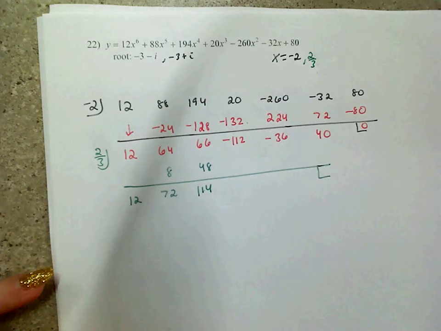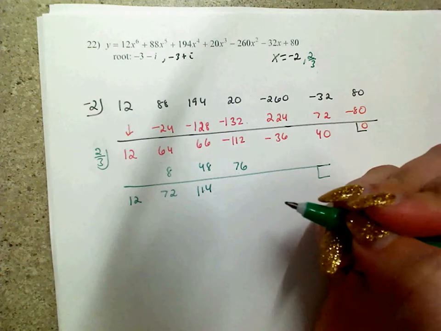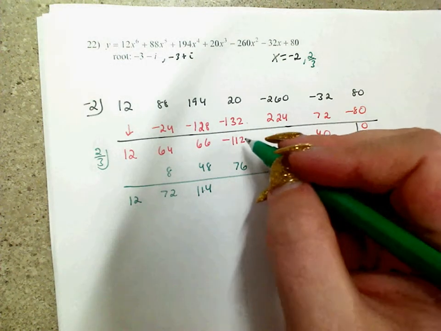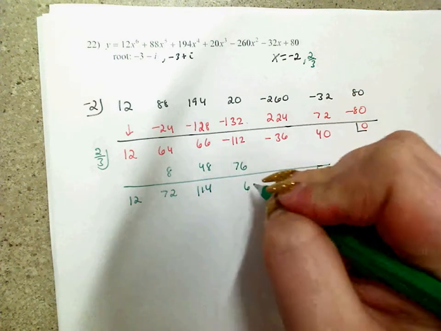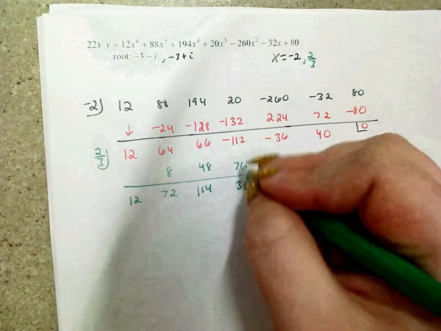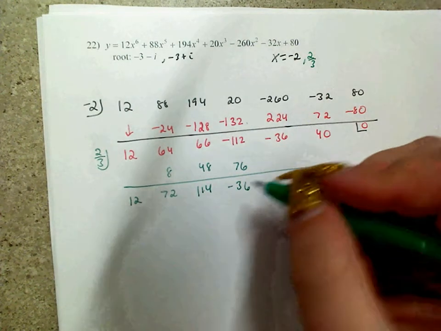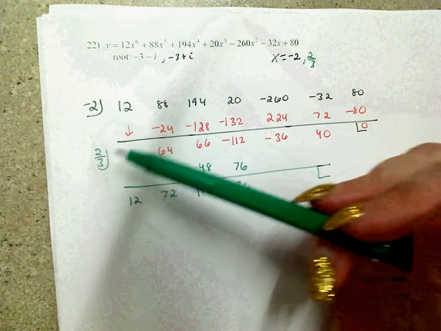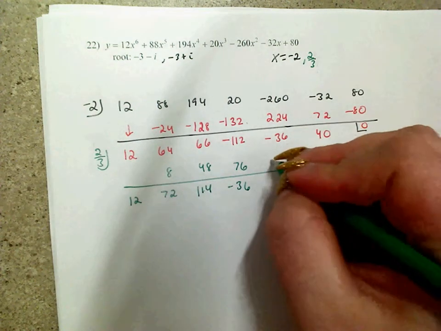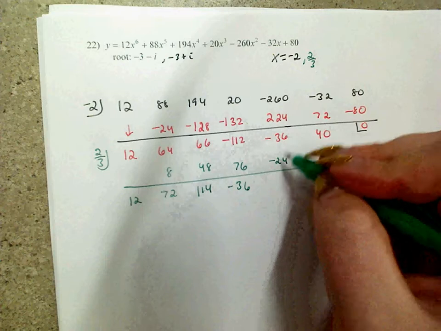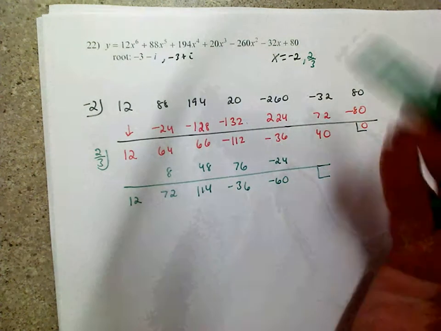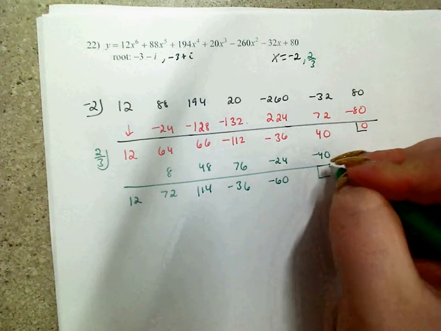Okay, 76. 112, so that would be 36. Yeah, negative 36 divided by 3 is negative 12. Negative 12 times 2 is negative 24. So that is negative 60. Negative 60 divided by 3 is negative 20, and negative 20 times 2 is negative 40. Yay! Okay.